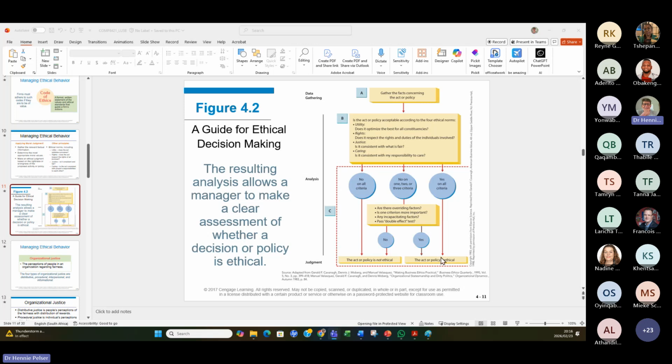If it's yes on all criteria, if it meets all those criteria, then you can argue that the decision is ethical. It is a wonderful, wonderful flow chart of taking decisions. If it doesn't meet any of those, then it's a simple no to advertising.